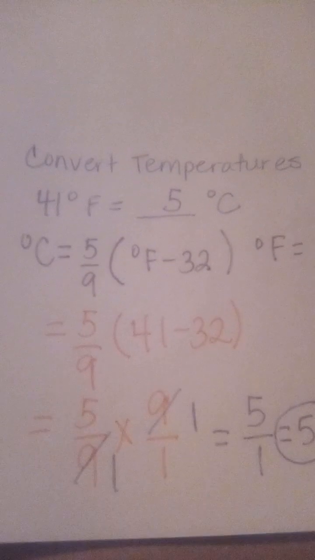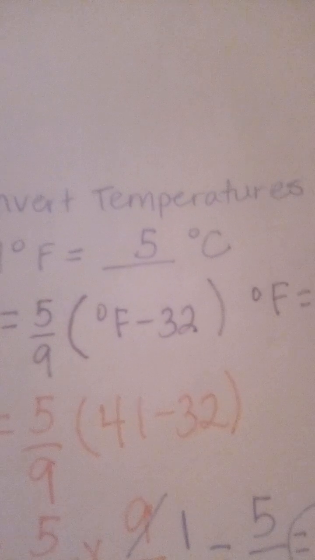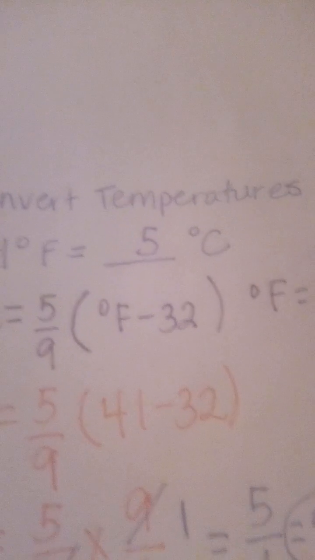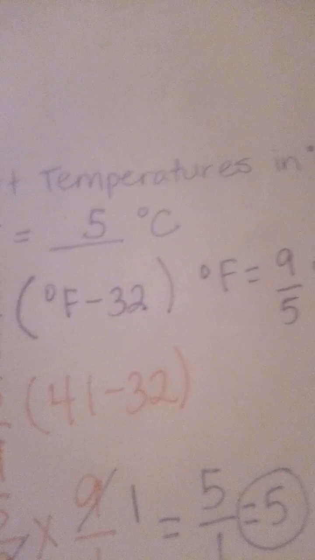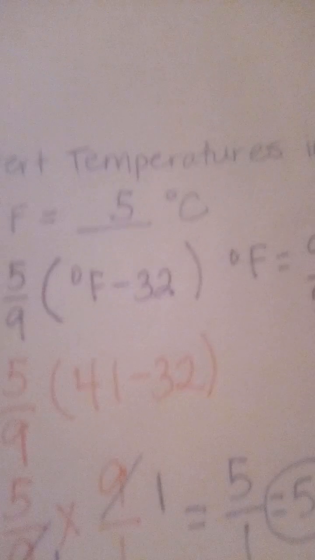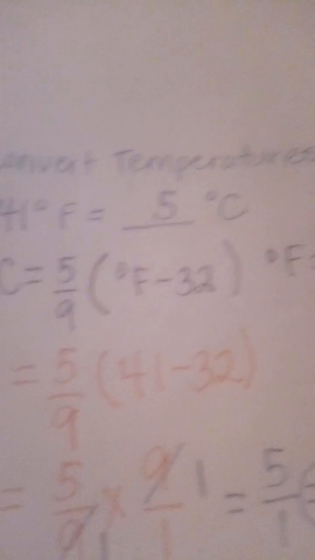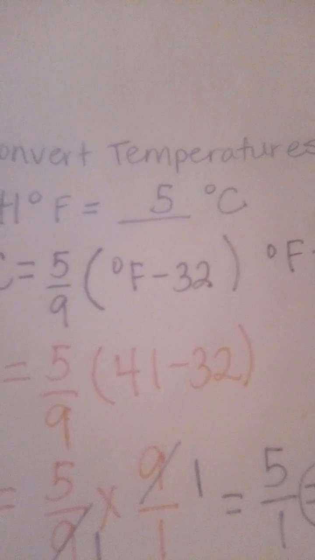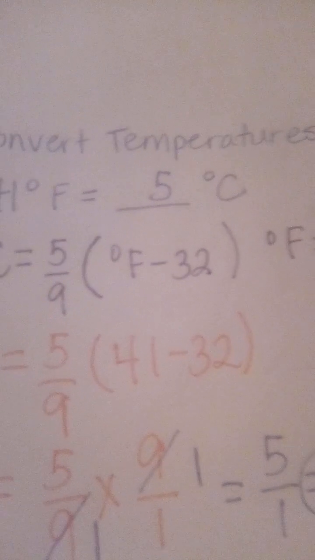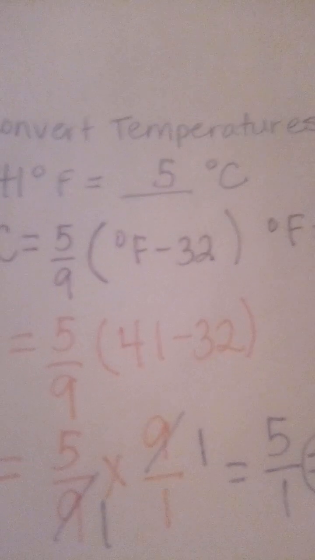So when you're converting Fahrenheit to Celsius, you use the 5/9, open parentheses, Fahrenheit minus 32, and then you plug in what's for the Fahrenheit, which is 41. Then you subtract 41 minus 32, that gives us 9.